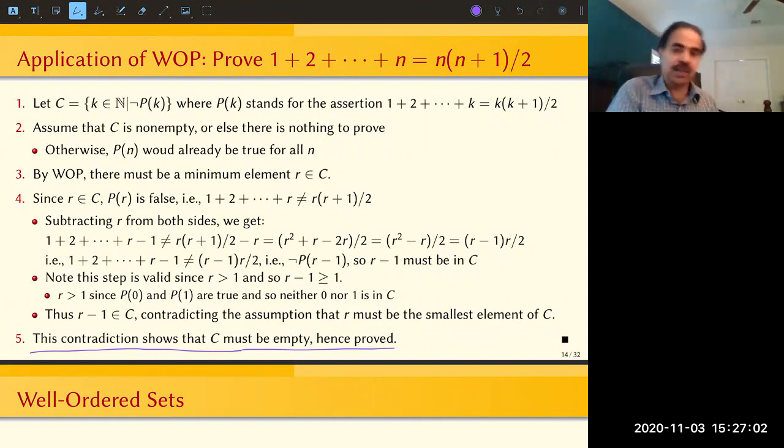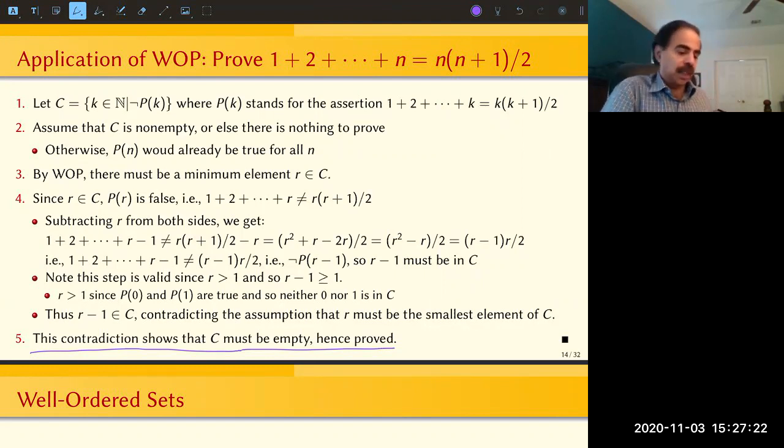What this contradiction shows is that there is no minimum element in C, and by the well-ordering principle, you can conclude that if there is no minimum element, then the only possibility is that the set of counterexamples was already empty to begin with.